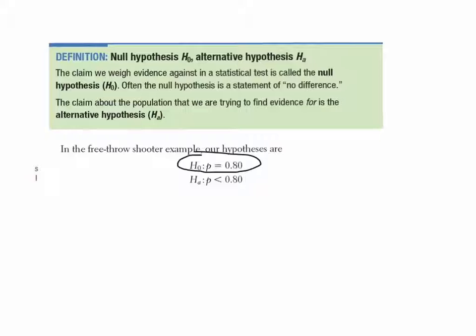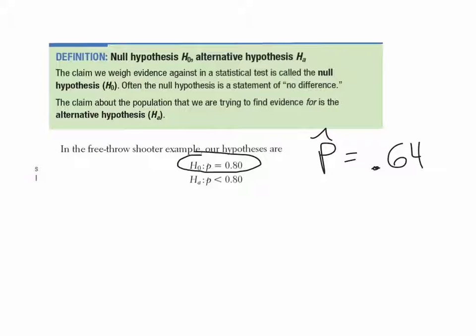And we're going to take some claims against it. The reason we're going to have claims against it is that the player is actually going to shoot. Say he shoots 100 free throws and he makes 64 of them. Now we know that his sample proportion is 64%, so out of 100 throws, he made 64.